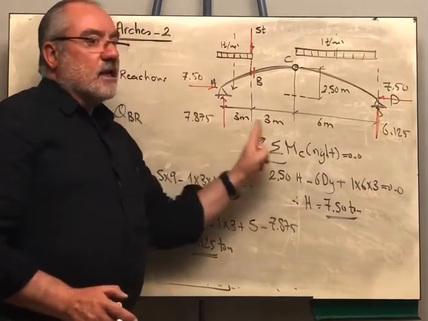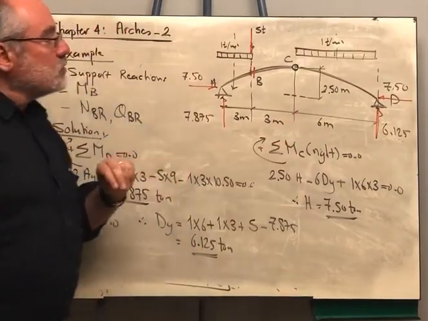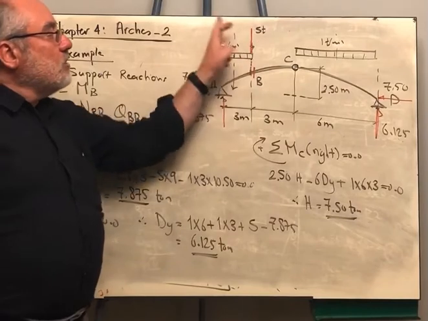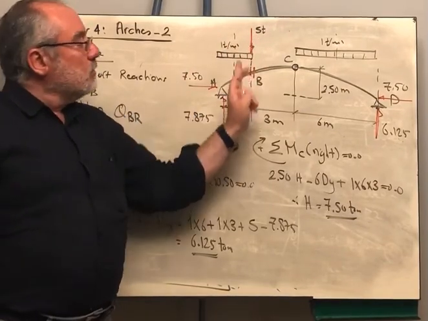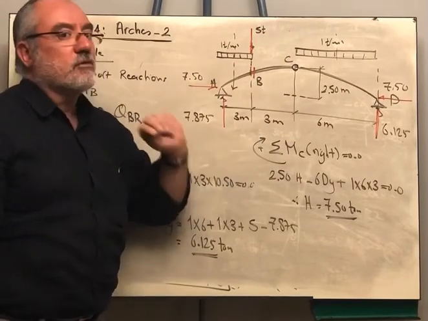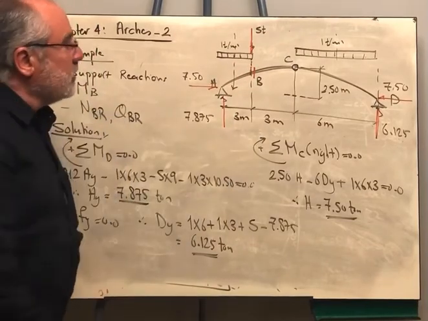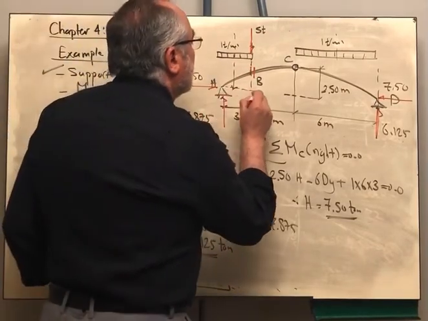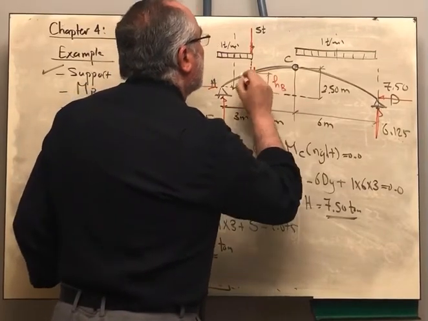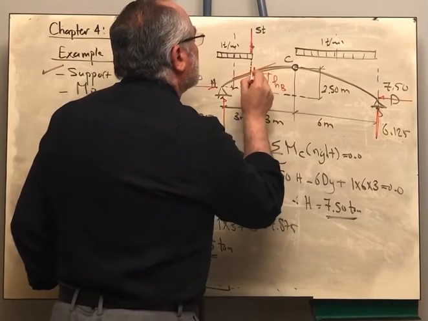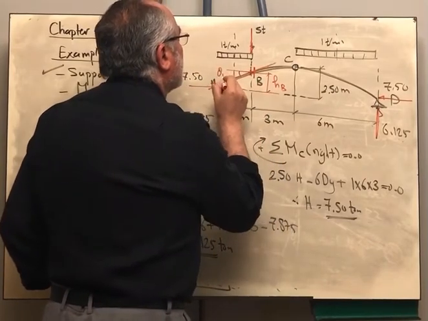Definitely the left hand side is easier. I can solve with it, but when I take the left hand side, the 5 tons will have to be included because the cut section is right of the 5 tons. What then remains for us, as before, is to determine HB and to determine the angle theta B.